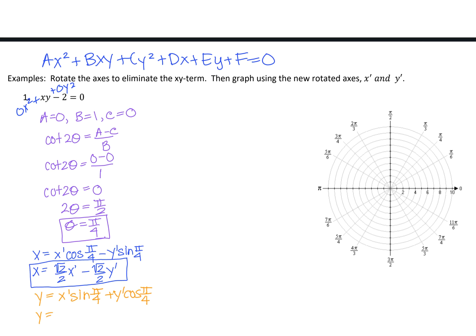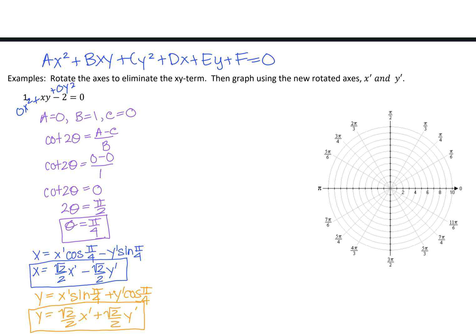And then I evaluate, so I get square root of 2 over 2 x prime plus the square root of 2 over 2 y prime. Prime, not a dash, prime. And there's my y value. And from here on out, we're just going to substitute and we're going to simplify, okay? The longer your equation, the more complex it is. So just be patient as you work through these problems and take it slow.